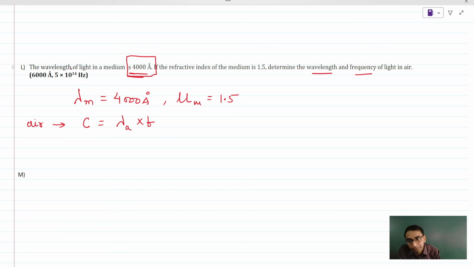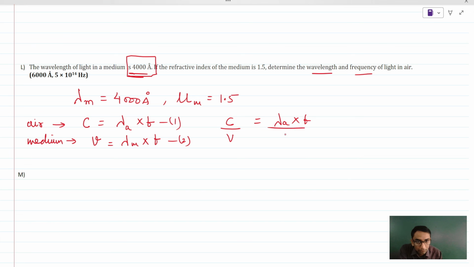So in the medium, its speed becomes V, the wavelength becomes lambda m, frequency remains as it is. Simply by taking the ratio of these two equations, equation 1 divided by equation 2, C by V equals lambda A into F upon lambda m into F, frequency doesn't change, so it cancels.